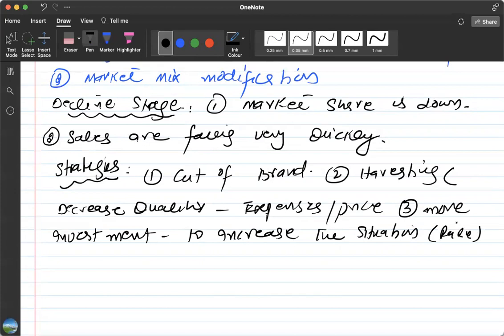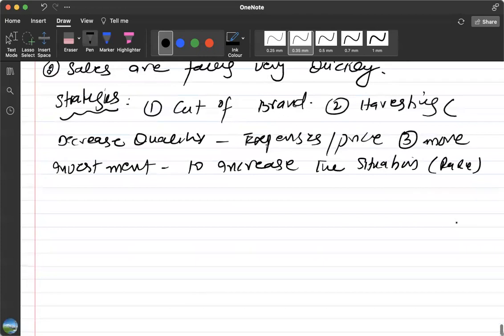This was the introduction to the product life cycle and the graph and all the details. We are going to study another thing with the product life cycle quickly, that is called the cash cycle.